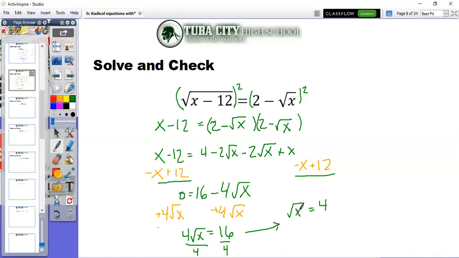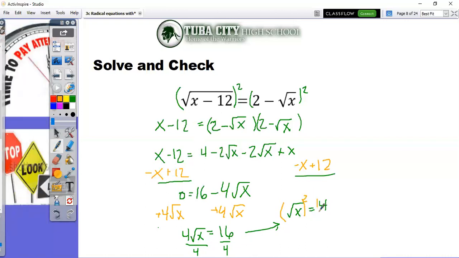Now I have a solution almost. So if I square both sides, the root goes away, and I have 4 squared, which is 16.